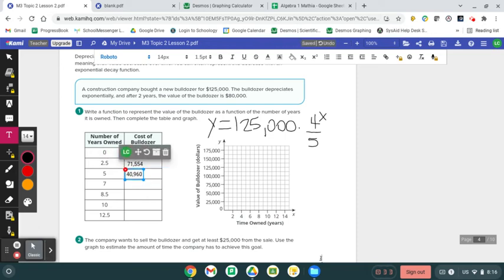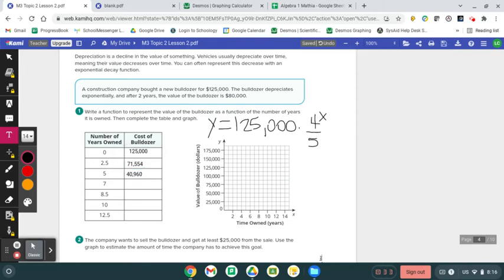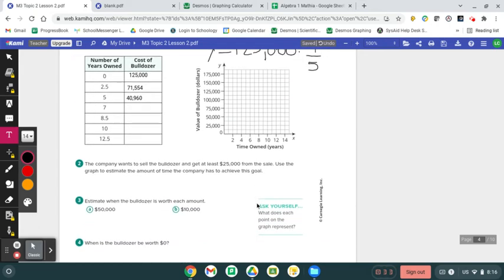We don't need to do the whole thing. So again, for the graph piece, it would obviously start at 125,000, and it would be going down, right? But really, we can use graphing Desmos for this. So here, you can fill out the rest of this chart if you want to.